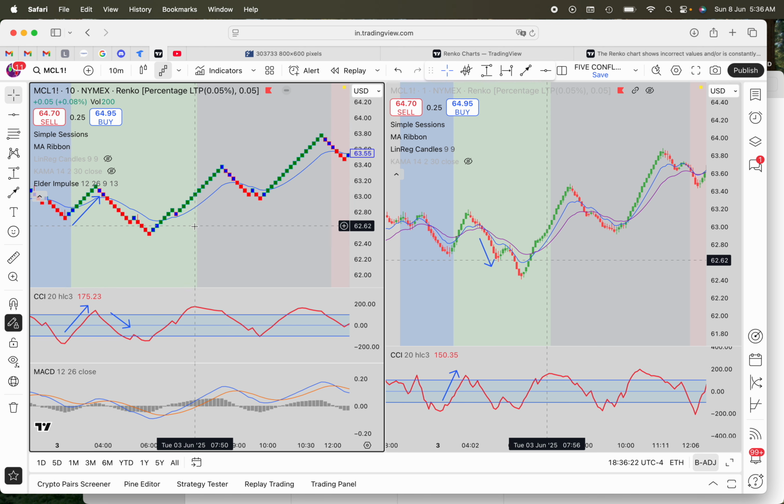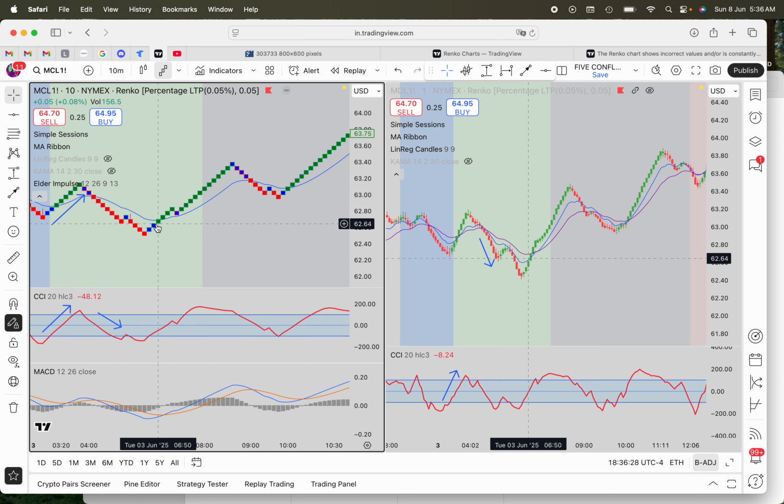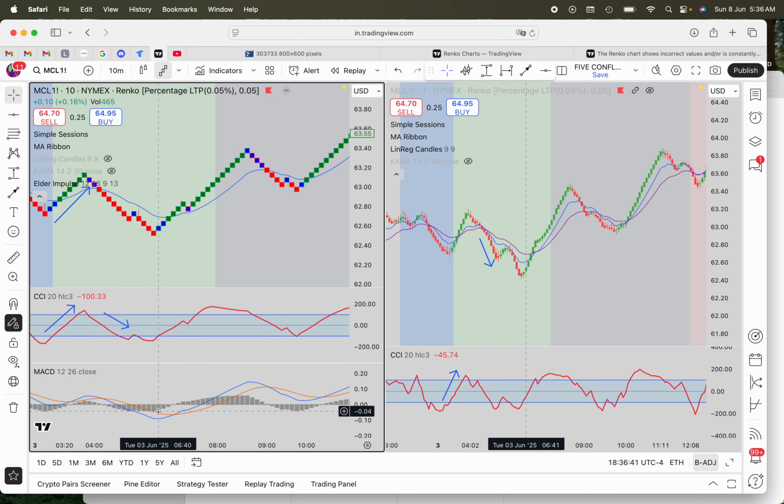The way this works is when price, in our case a brick, is above the 13 EMA, okay, and the MACD is also ticking, and when I say ticking, it's the histogram bars are ticking upwards.